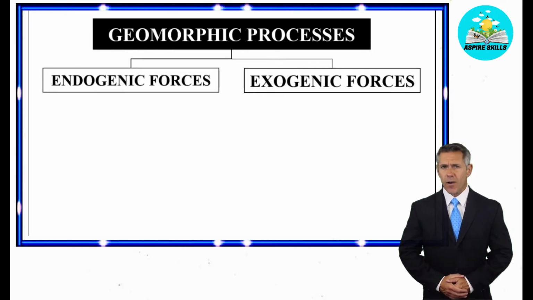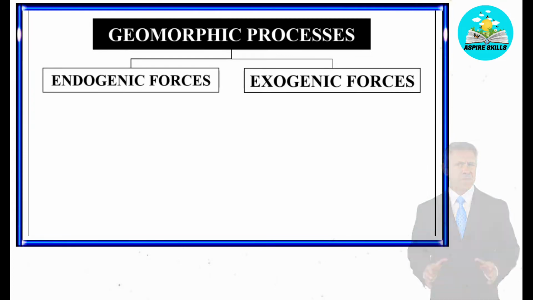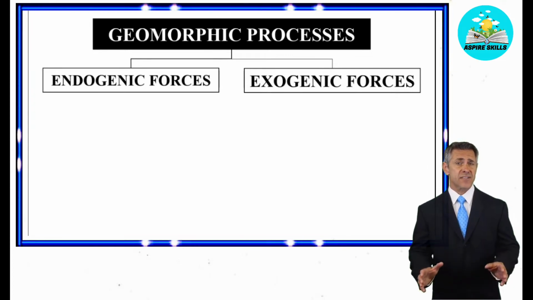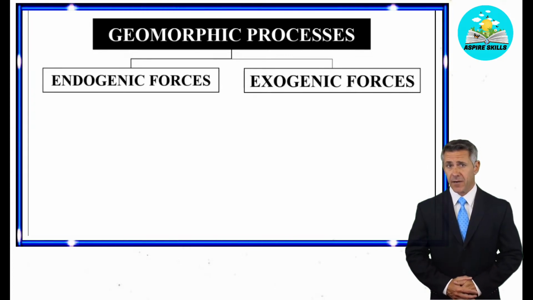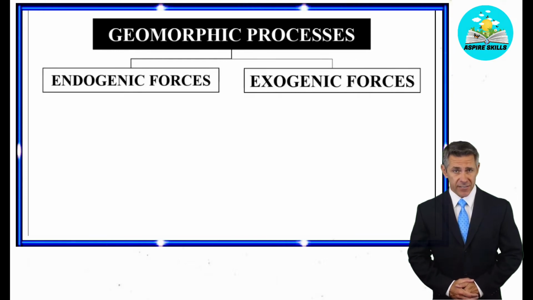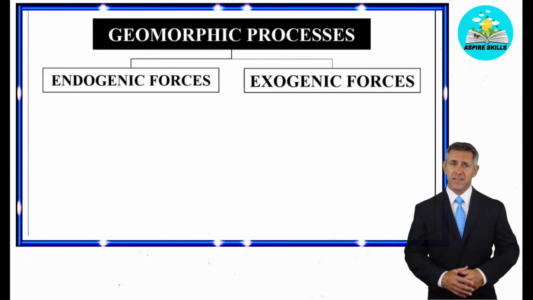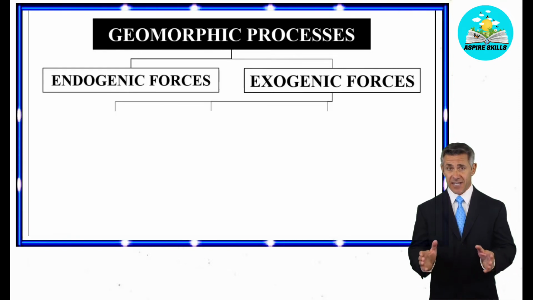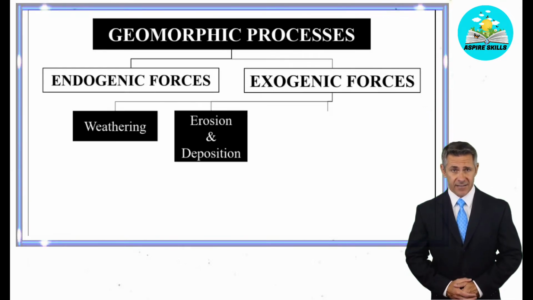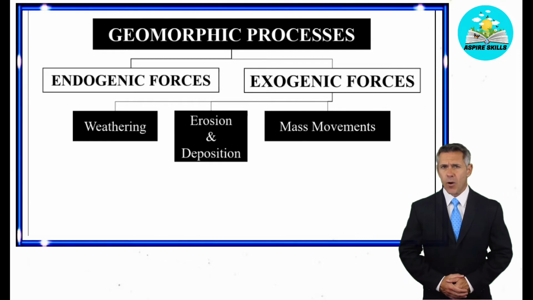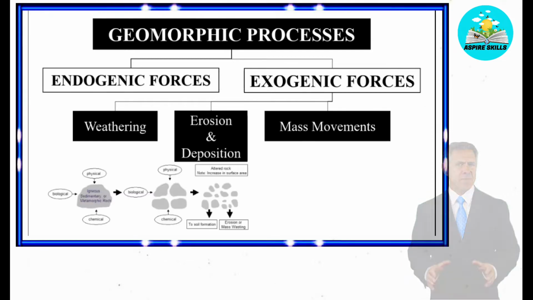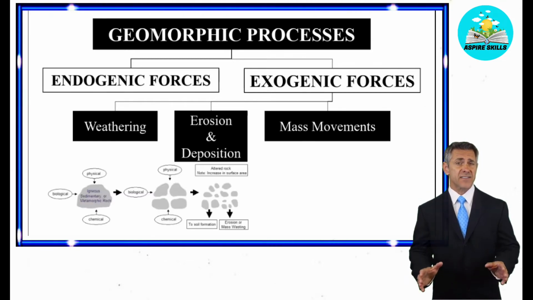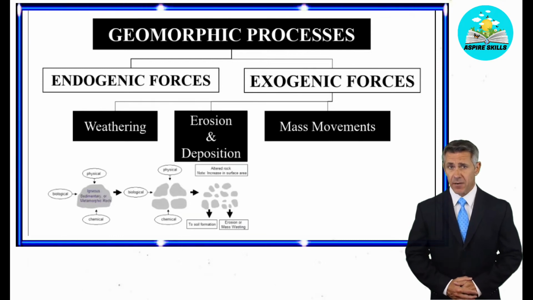Now that we discussed endogenic forces which consist of diastrophic and sudden movements, let's look at exogenic forces. I have already said what they are, forces outside the Earth's surface. Let's look at their classification. The exogenic forces are mainly divided into three, weathering, erosional and depositional activities, and mass movement. Weathering is the disintegration of rocks in a static process which does not include much displacement of rocks.